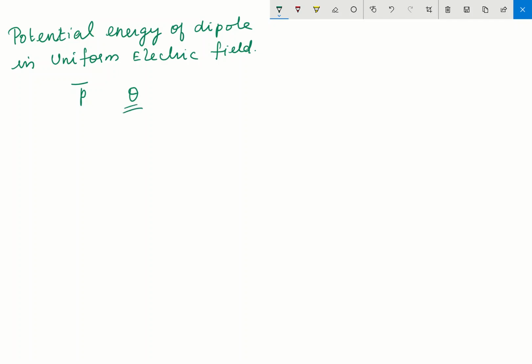So a dipole of dipole moment P is kept in an electric field at an angle theta. Definitely it will experience a torque. The torque on the dipole is given by tau equal to P E sine theta. This is the torque, right?